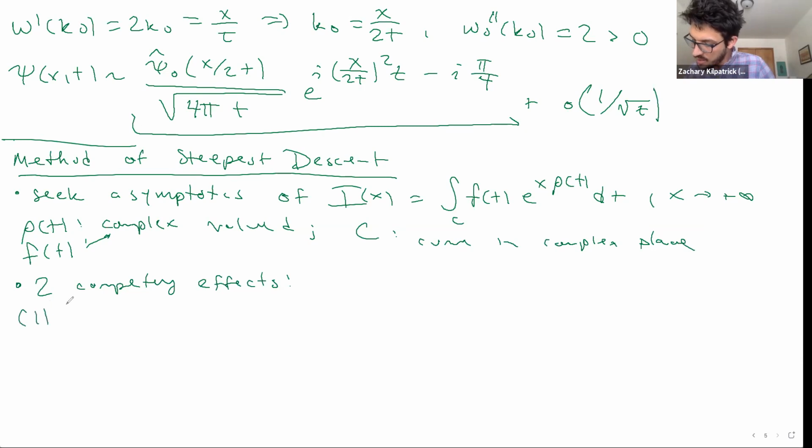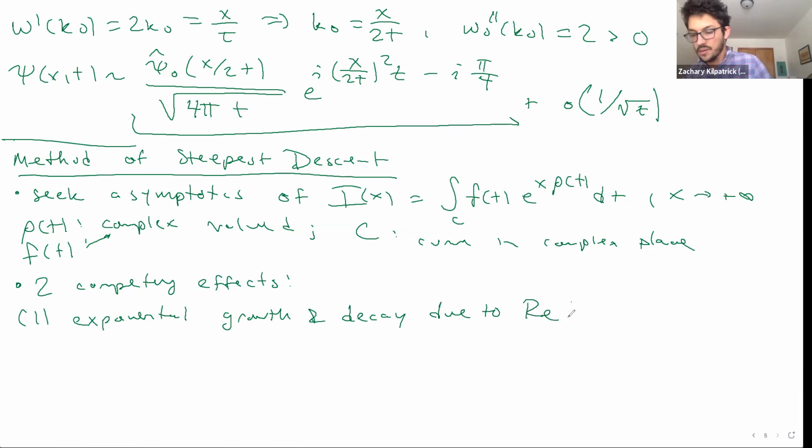One of these is the exponential growth and decay due to the real part of rho of t.